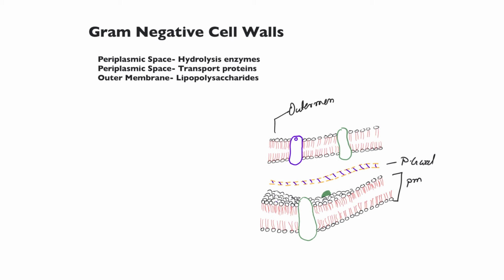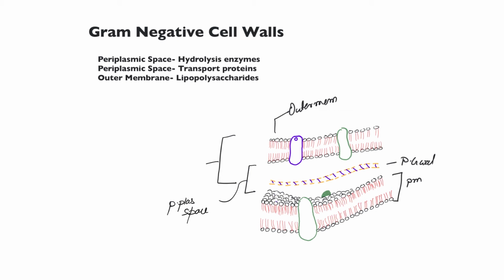Very interestingly, we should understand that when we refer to the cell wall, both the outer membrane and the peptidoglycan layer together are called the cell wall. What else? Now, there is a periplasmic space. What is the periplasmic space? That is the space in between the two membranes, right? So this is the periplasmic space.